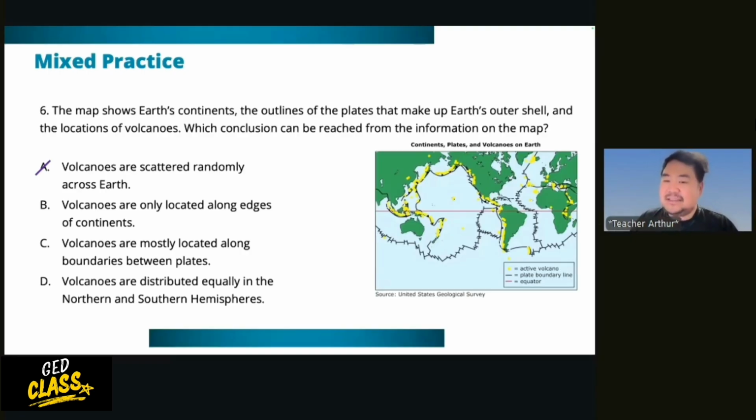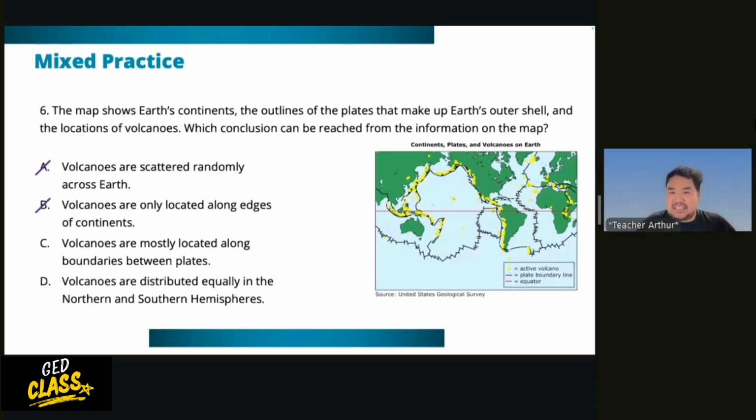Take a look at answer choice B. Volcanoes are only located along edges of continents. So just to be clear, what indicates the continents in this map? The green indicates the continents. Are the volcanoes only on the edges of the green? No, they are not. So let's get rid of answer choice B.